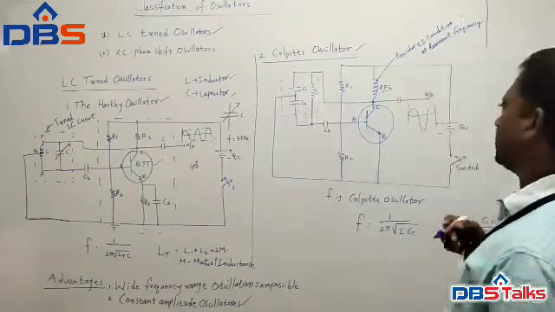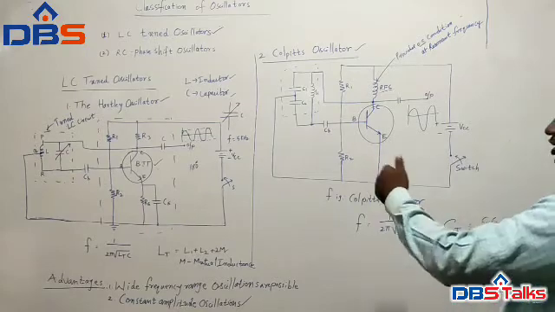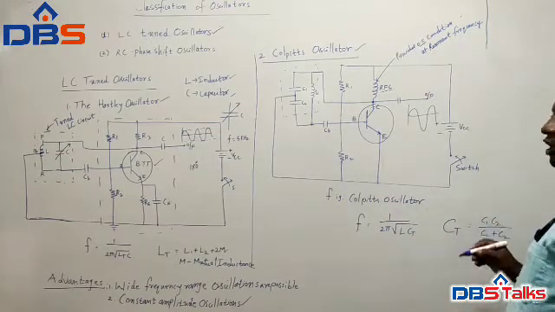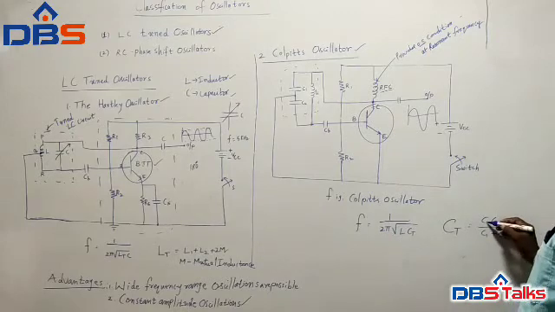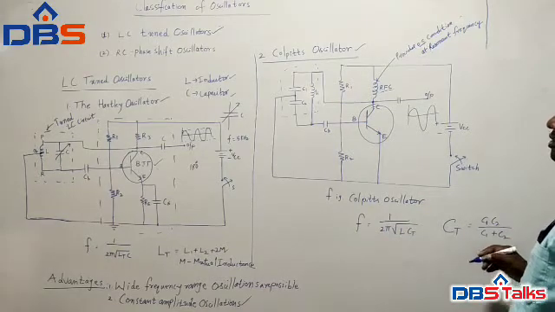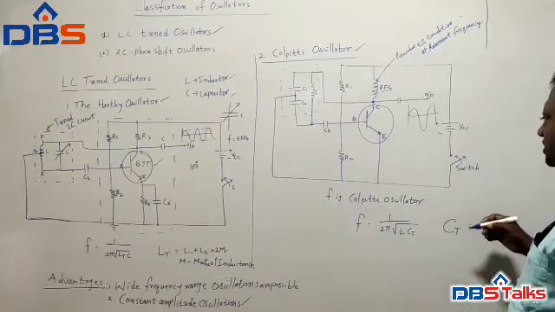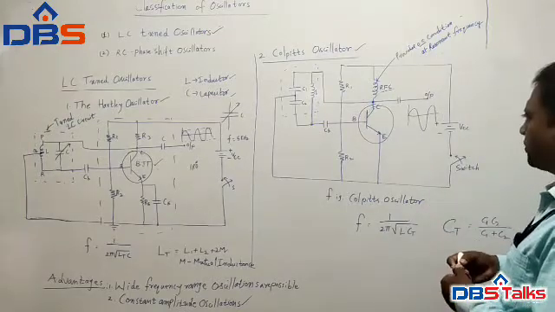They are in series connection, so current is not divided there. When two capacitors are connected in series, the equivalent total capacitance is C1 C2 divided by C1 plus C2, and also L1. Now coming to the operation.